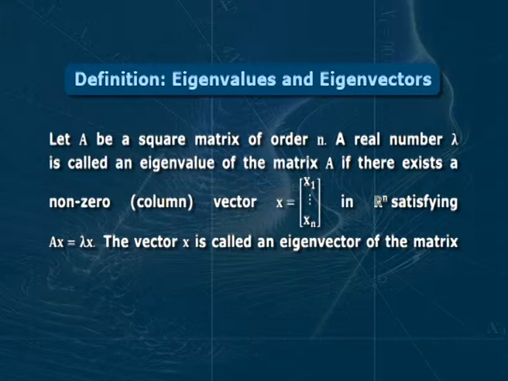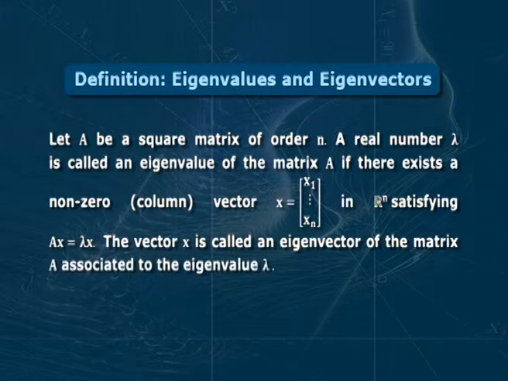The vector x is called an eigenvector of the matrix A associated to the eigenvalue lambda. Later we shall see through an example that more than one eigenvectors can associate with the same eigenvalue lambda. Eigenvalues and eigenvectors are also known as characteristic roots and characteristic vectors of a matrix respectively.